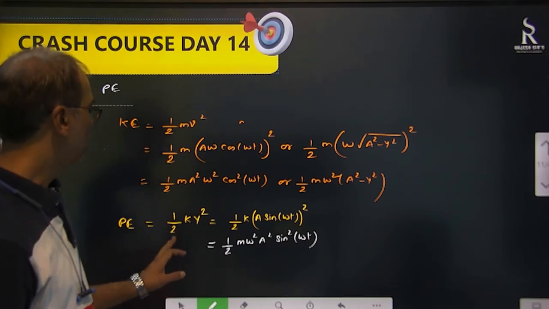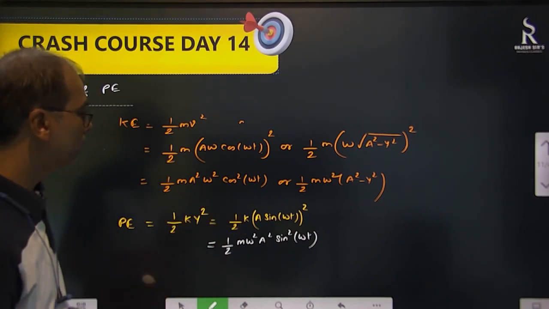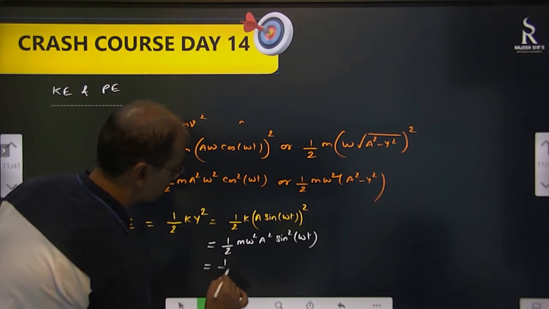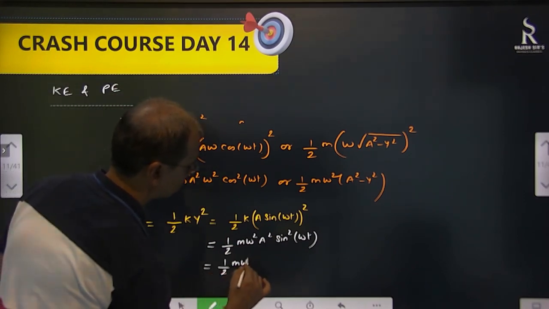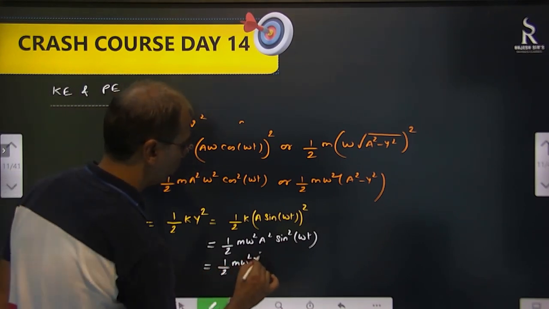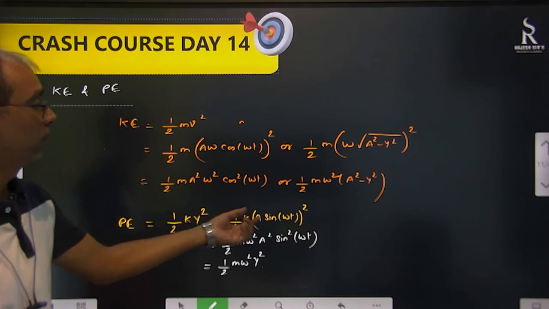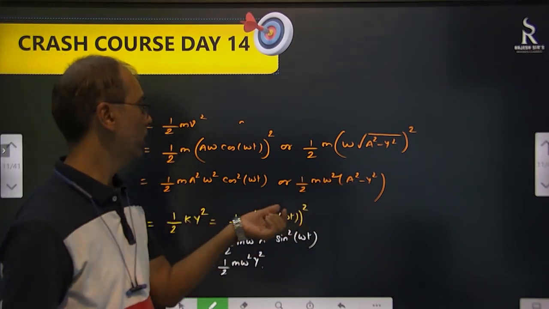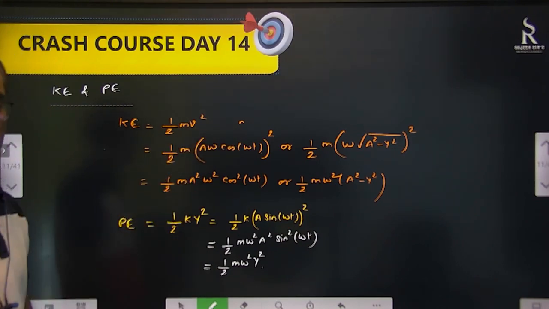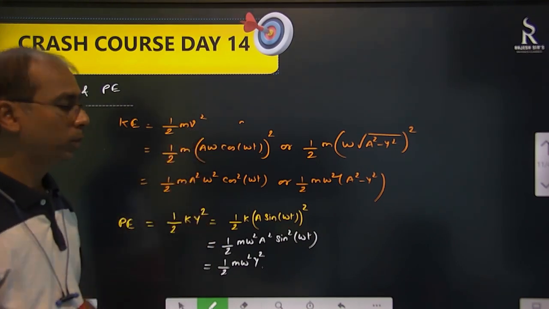Half m omega square y square, or half m omega square a square sine square omega t, you write. Both are same. And this is half m omega square times a square minus y square, or half m a square omega square cos square omega t. This is kinetic energy, this is potential energy.